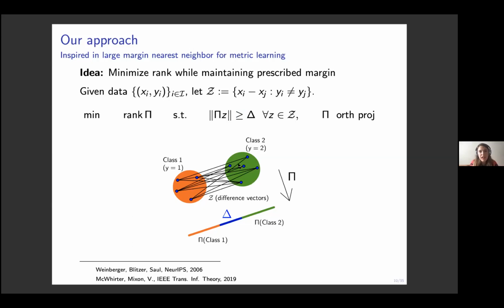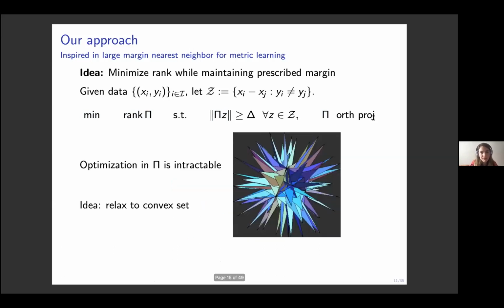But here, the margin is not a linear separation between the two sets, but just says that 2 points from different sets need to be projected to something with distance greater than delta. So the way we write this is we're minimizing the rank of a projection so that when we project these difference points, the length is greater or equal than delta. And we restrict ourselves to orthogonal projections. That's the formulation of the problem that we want to solve.